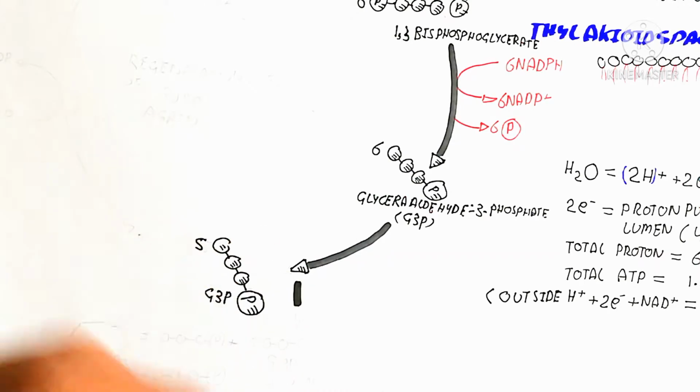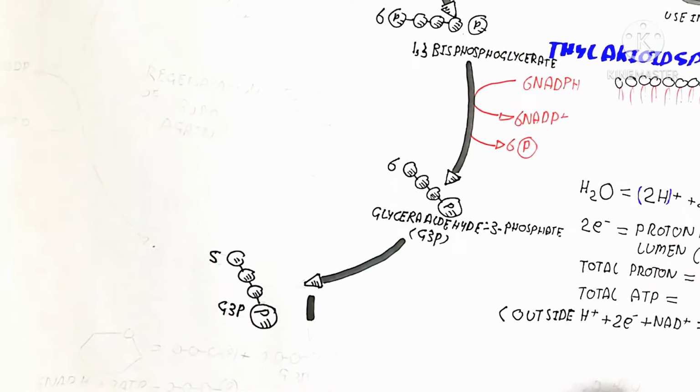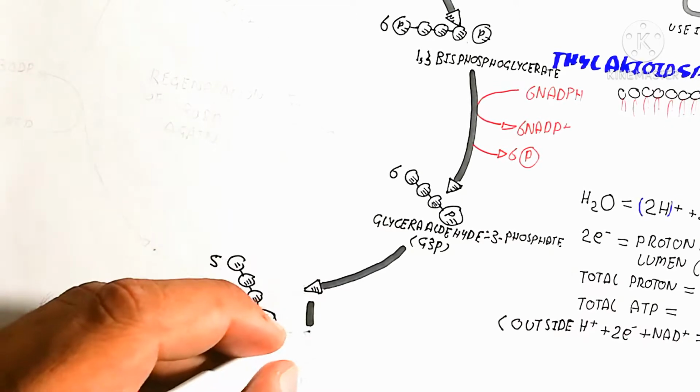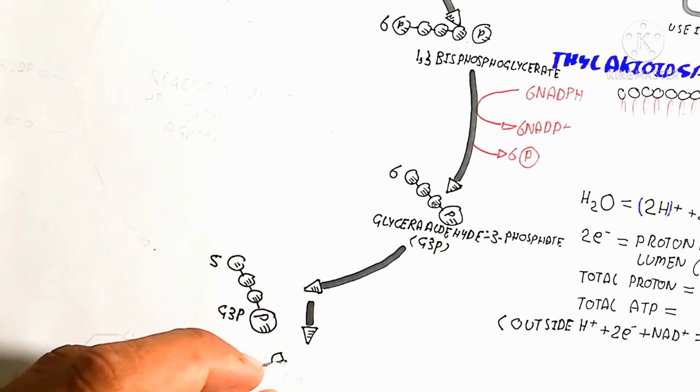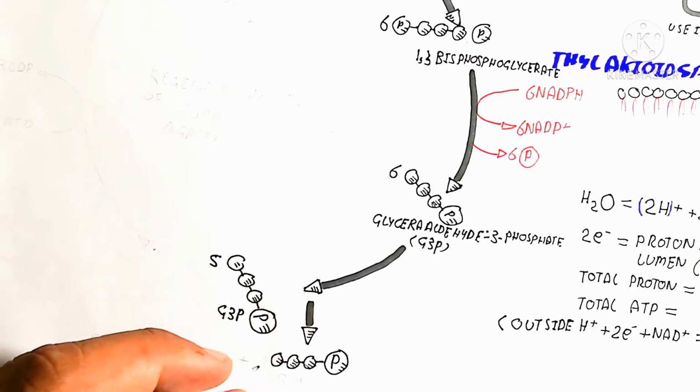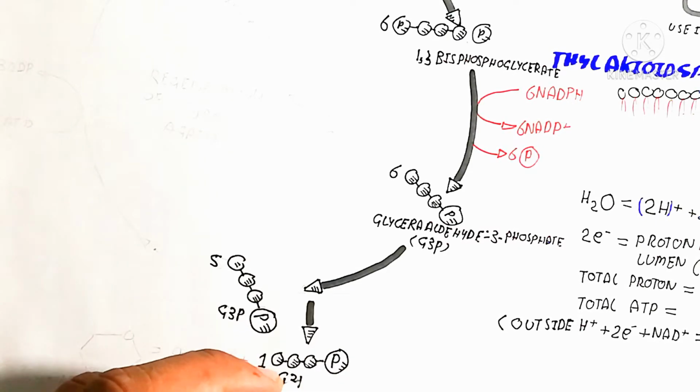So 1 molecule of G3P will be separated, while the 5 molecules of 3-carbon G3P move for regeneration. That is important to know.